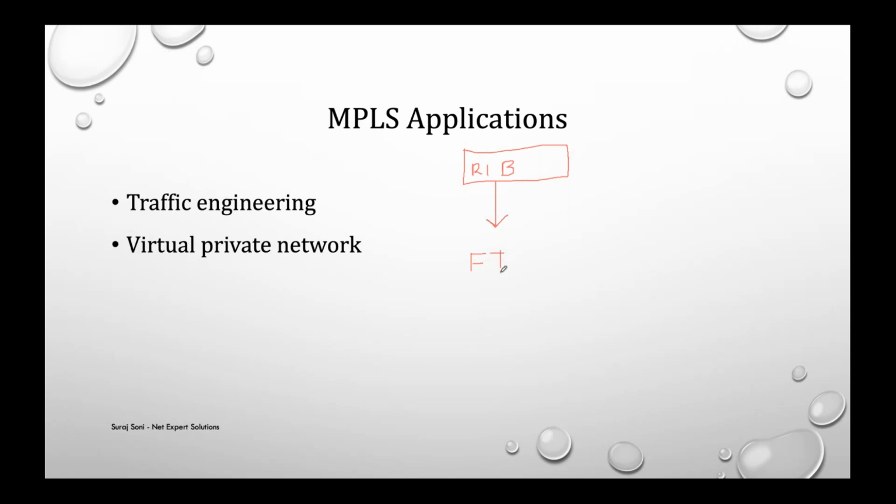What is the FIB? FIB is your forwarding information base. The routing table is created by the routing protocol. The FIB is created, in the case of Cisco, by CEF. There can be some other protocol also by which I create the FIB, which contains the forwarding information based on IP. So far, no MPLS in the picture.